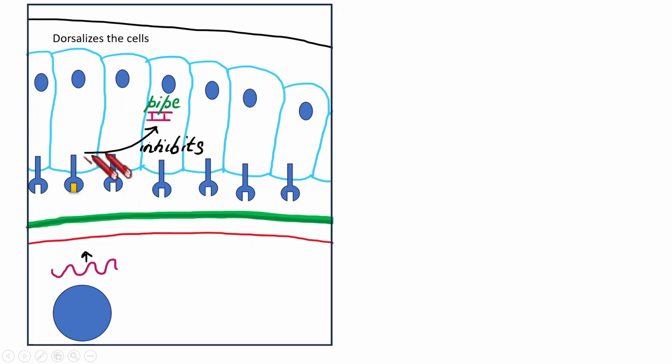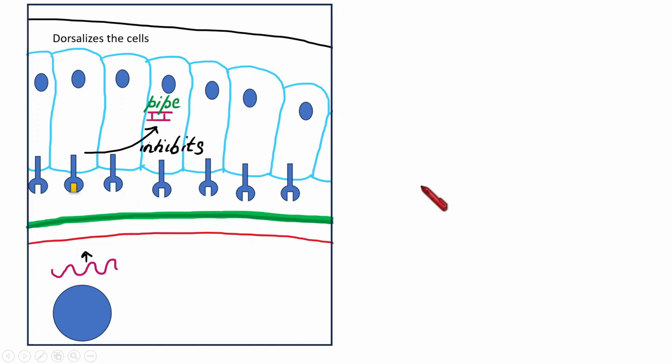And you should understand that this activated torpedo receptor inhibits the pipe gene. So, because of that inhibition, ventralization is not possible to happen for these follicle cells. From this, you understand that this pipe gene is very important, crucial in the ventralization of the follicle cell.